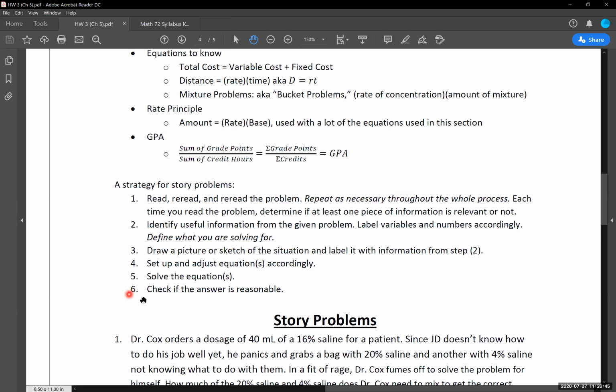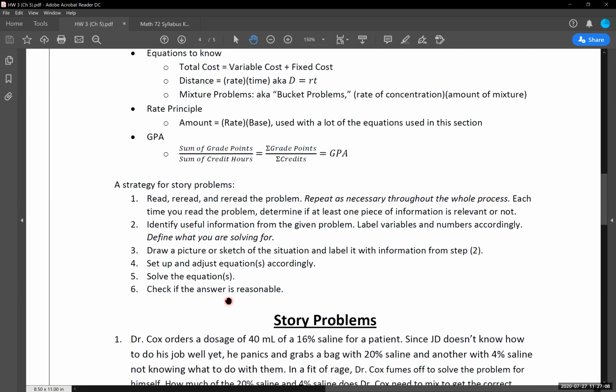And then last but not least, check if the answer or answers that you get are reasonable. If I'm being asked to determine, let's say, what distance did someone travel after they had a certain rate or a certain time, and you get, well, the distance they traveled is negative some number.